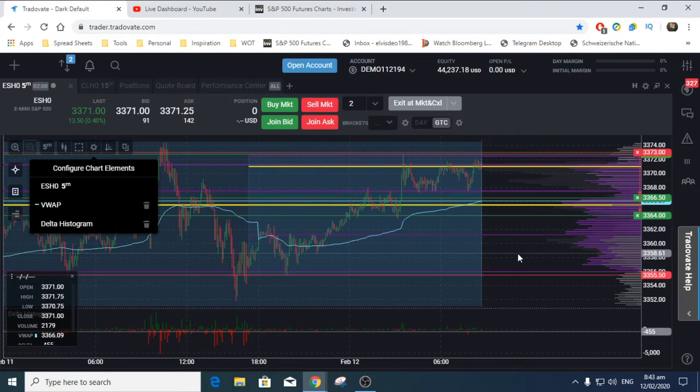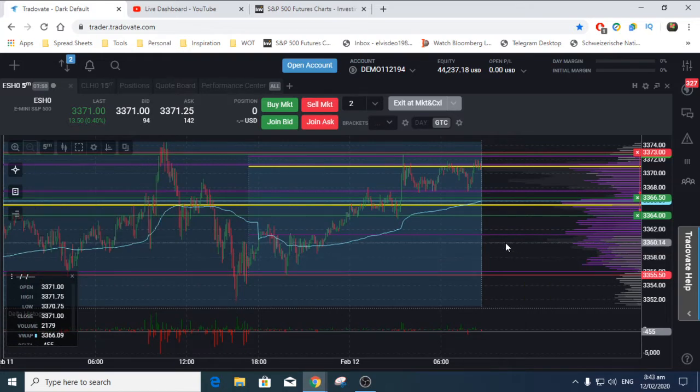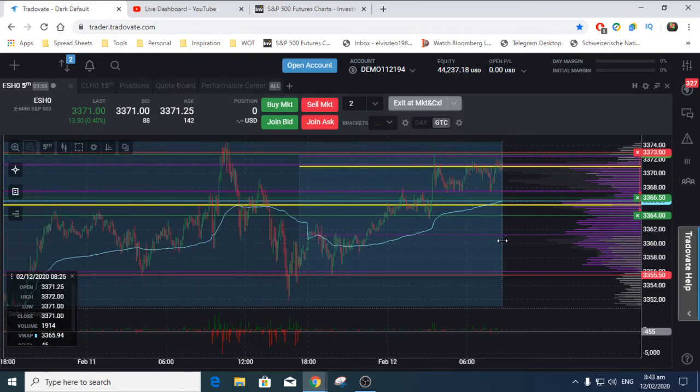So if you're looking at which volatility you're looking at, you look at a little longer time frame.